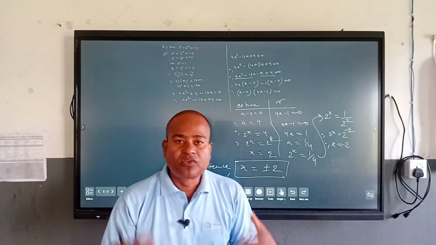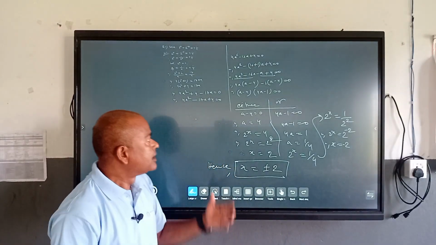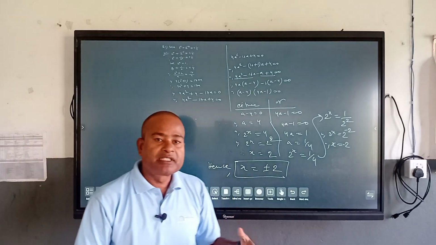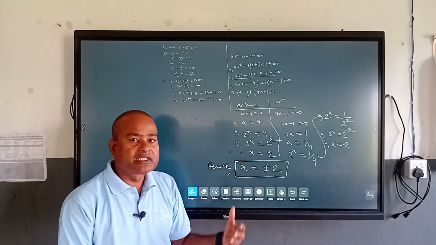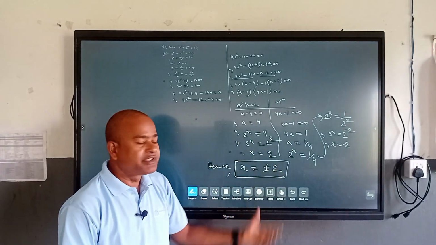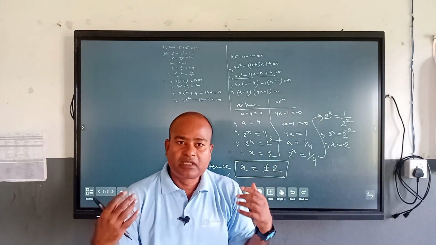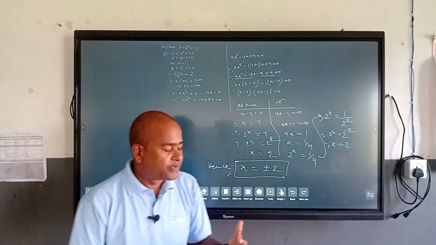I hope you have understood how to solve an exponential equation by changing it into a quadratic equation, factorizing the quadratic equation into two linear factors, and again solving them. Then we get the required solution of the given exponential equation.